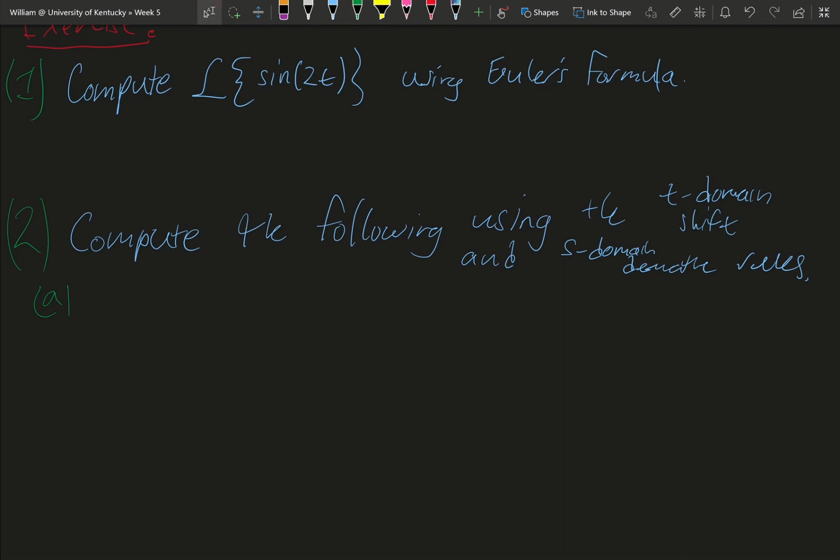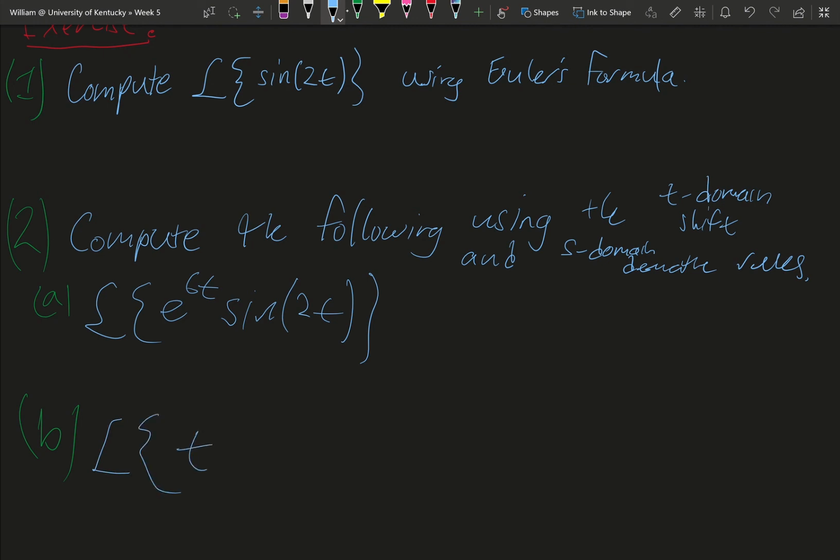So for the first one, compute the Laplace transform of e to the 6t times sine of 2t. And of course you can use your answer from number 1 in there. For part B, we're going to compute the Laplace transform of t times, let's say, sine of 2t. Or actually, let's just do t times sine of t. Yeah, that's good. All right, so give those a shot.